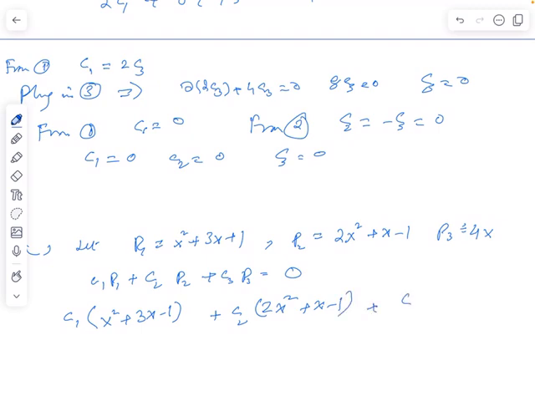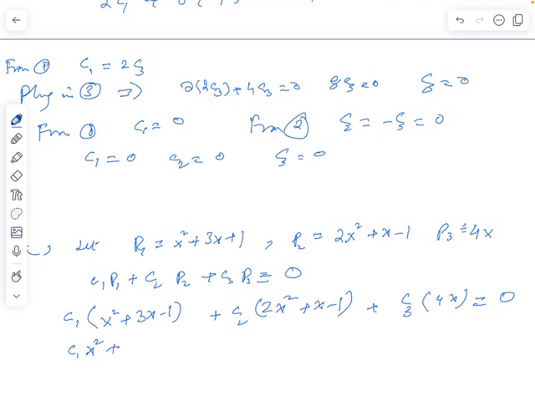Now I will distribute. I forgot to put equal to 0. Okay, remember, don't forget this 0. It is going to be very important on the right hand side.